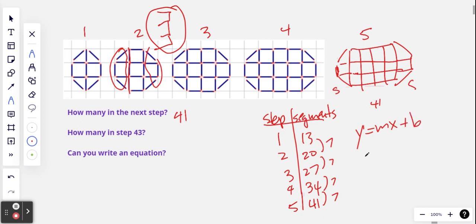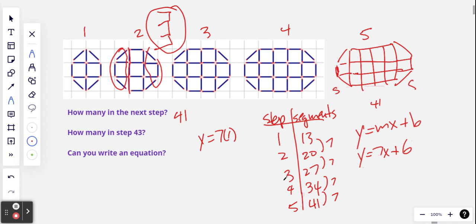We can use the equation for a line, and that change in each step goes in for the slope. So y equals 7 times x. And then the plus b we can determine from step 1. We have 13. If I put in 1 for the step number, x, 7 times 1 would just give me 7. I need 6 more to get to 13.